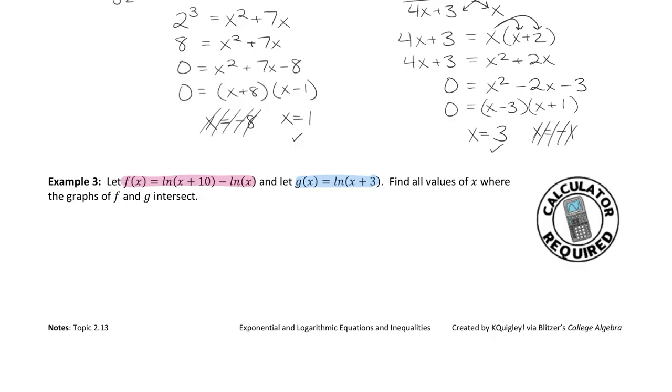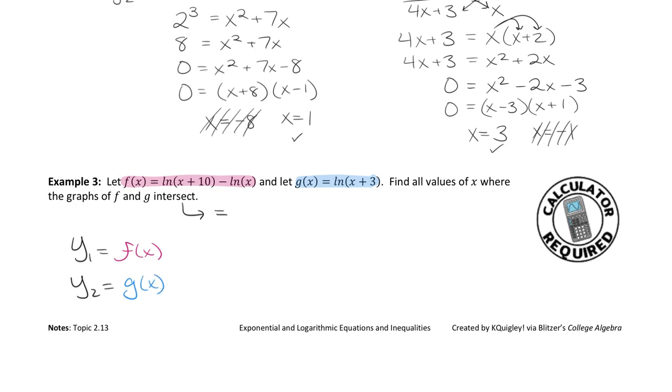The graphs intersecting means that we're trying to find where these two equations are equal. So we're going to run the intersection program on our calculator. We're going to let y1 be the entire function f of x, and y2 be the entire g of x function that is on our paper.